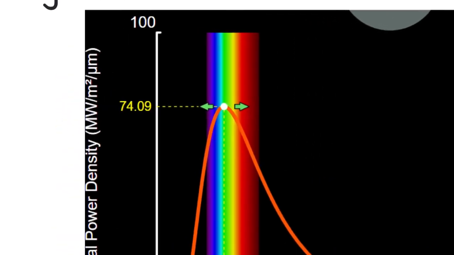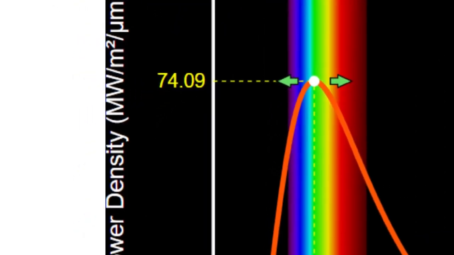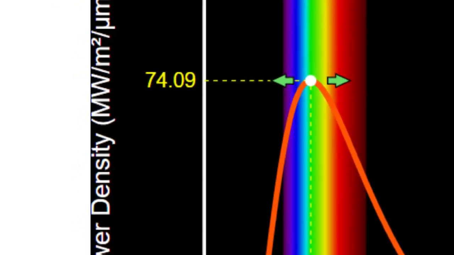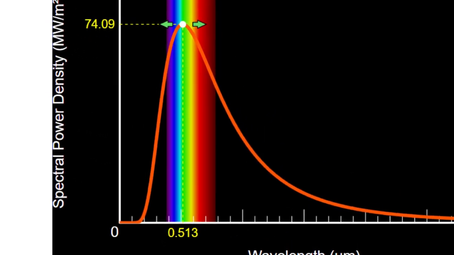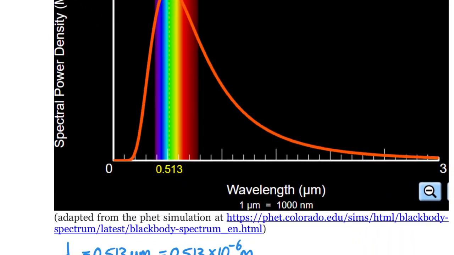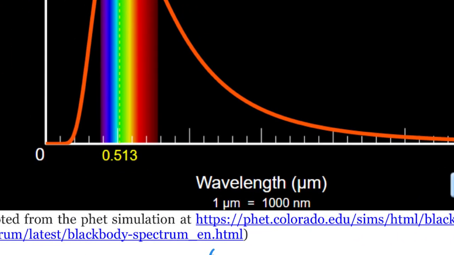So if we look at where the peak intensity is, and we go down to the wavelength axis, we see that where the peak is, the wavelength is 0,513, and when we look here, we see that the unit along this axis is micrometers, which is 10 to the negative 6 meters, or 1,000 nanometers, but we're going to look at 10 to the negative 6 meters.